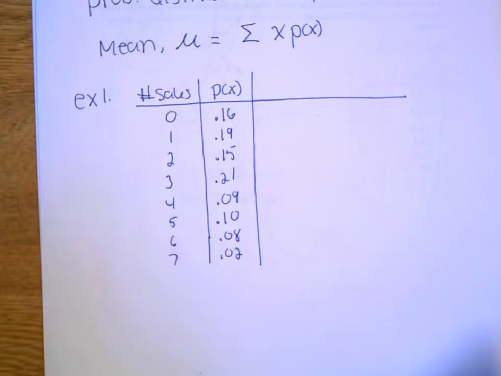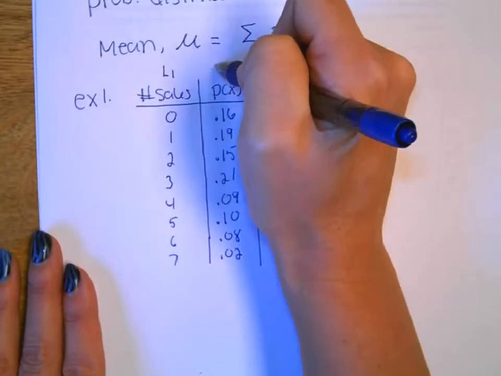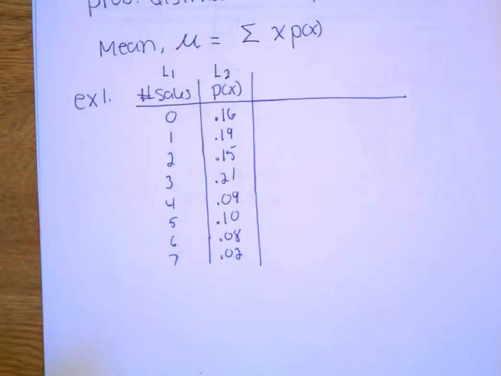All right, so the first thing we're going to have to do if we're going to use lists is put our sales in list 1, put our probabilities in list 2. So after you get that written down, I'll wait for you to type those in.